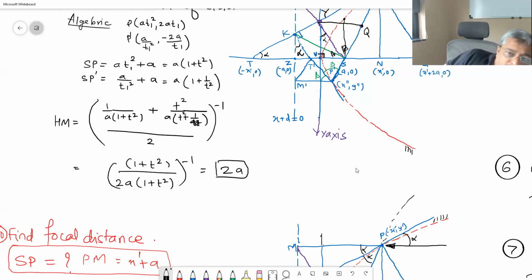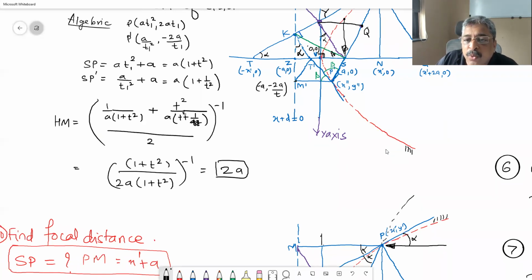This is the pure algebraic method of doing it. Secondly, can you tell me the coordinates of M dash? The x coordinate of M dash is minus a, sorry, and the y coordinate of M dash is the y coordinate of P dash. Okay. Coordinates of V. Now I think these are the last properties, therefore I can destroy this diagram.